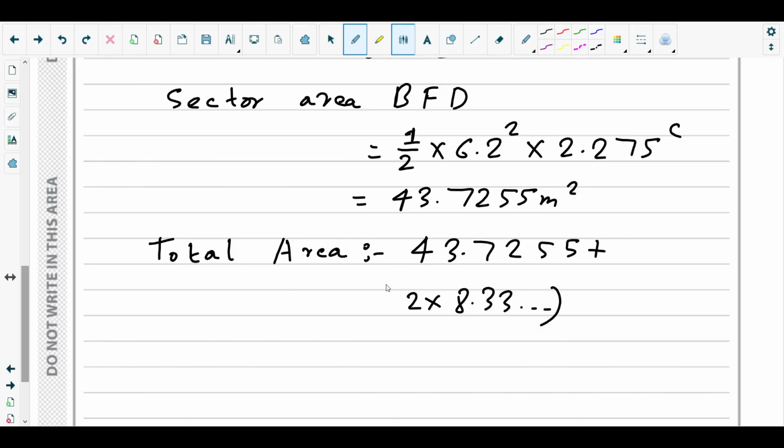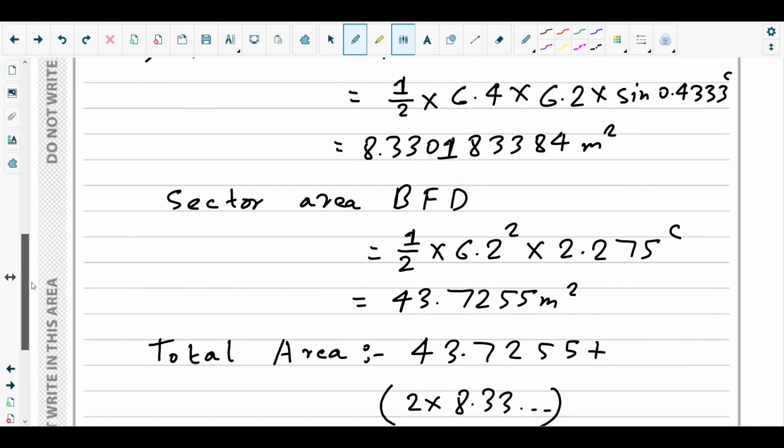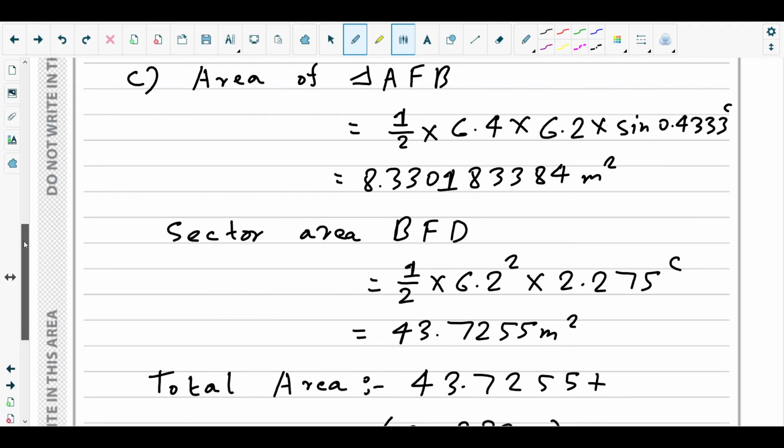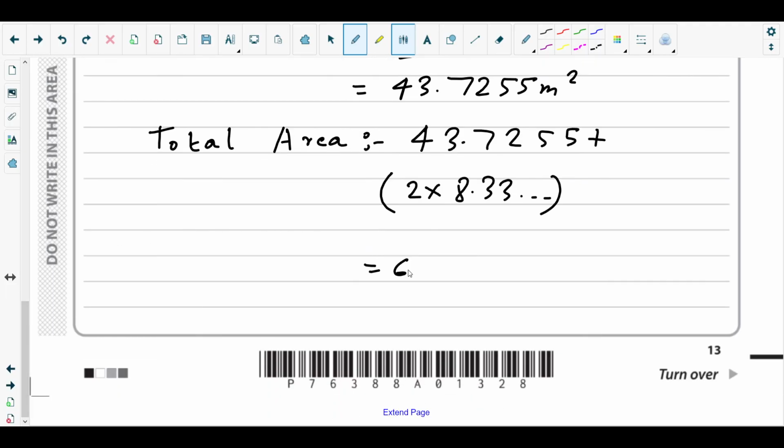So 43.7255 plus 2 times 8.33018334 would give you the total area, 60.38586677 meters squared.